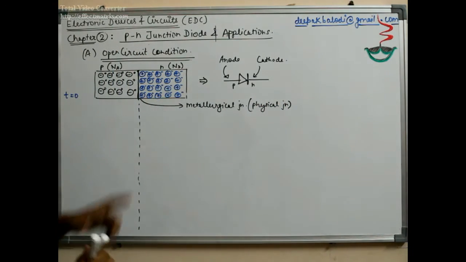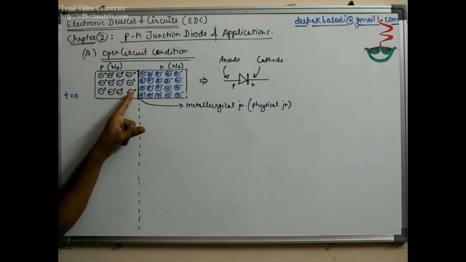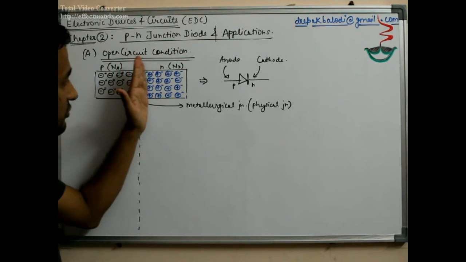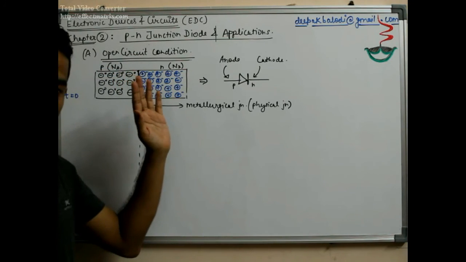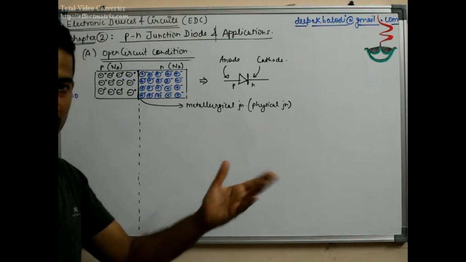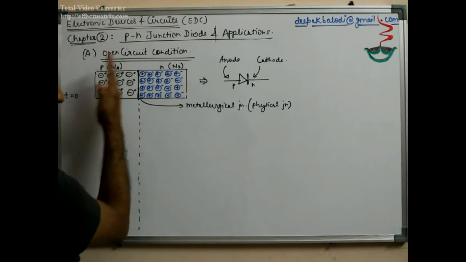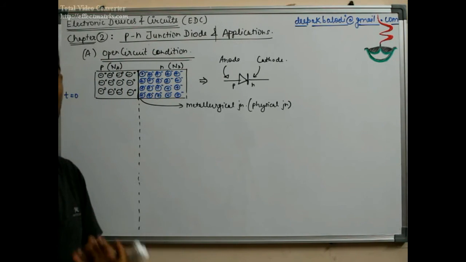The holes close to the metallurgical junction would like to travel across towards the electron side and try to combine with them. Similarly, the electrons close to the metallurgical junction will try to diffuse to the hole side and combine with holes.